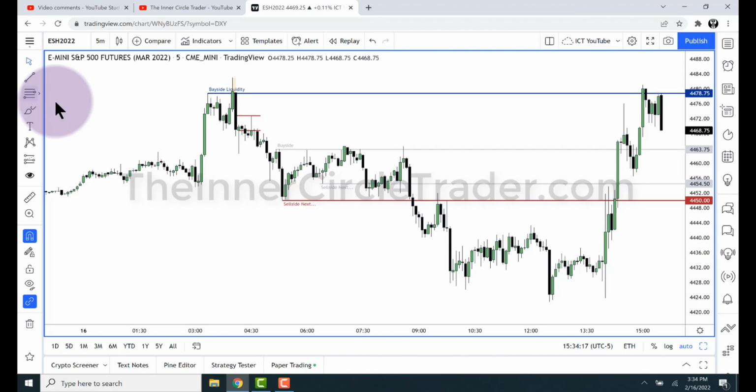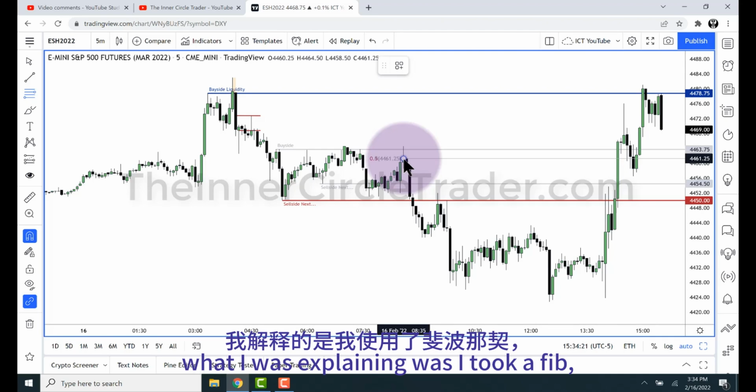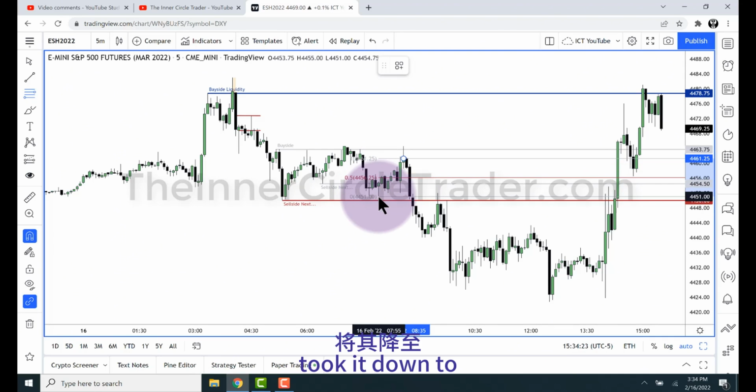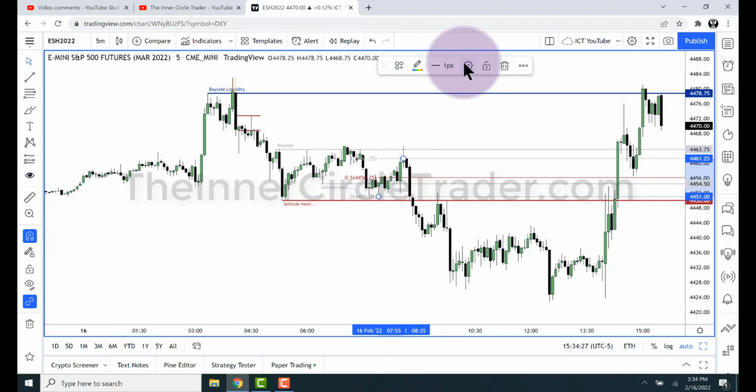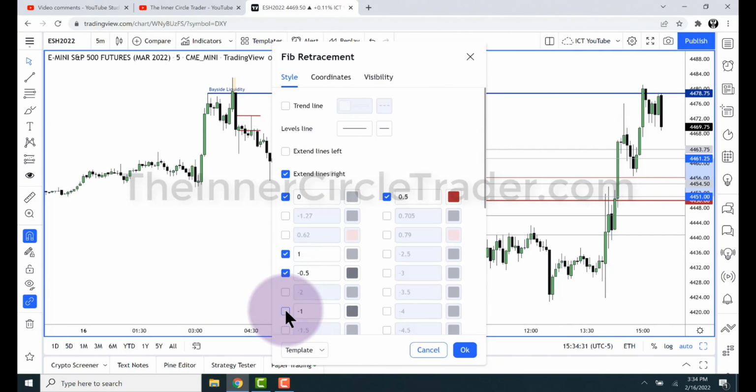All right, so the price swing here, what I was explaining was I took a fib, dragged it down to the low here, and then added our standard deviations.